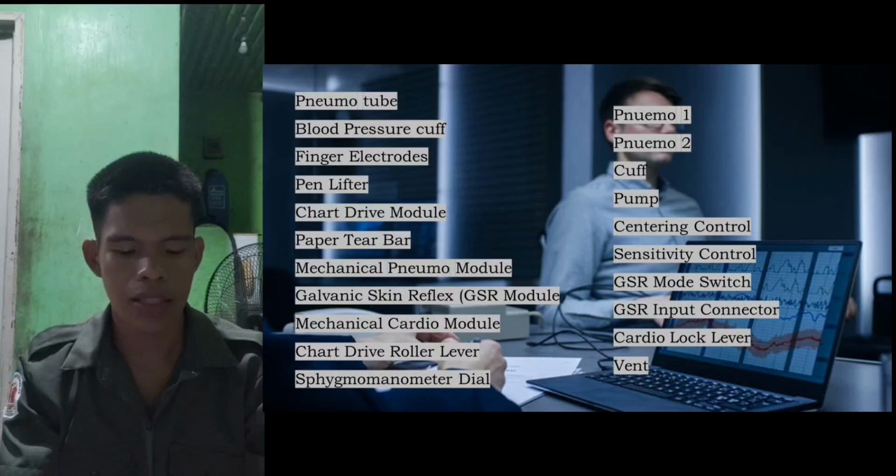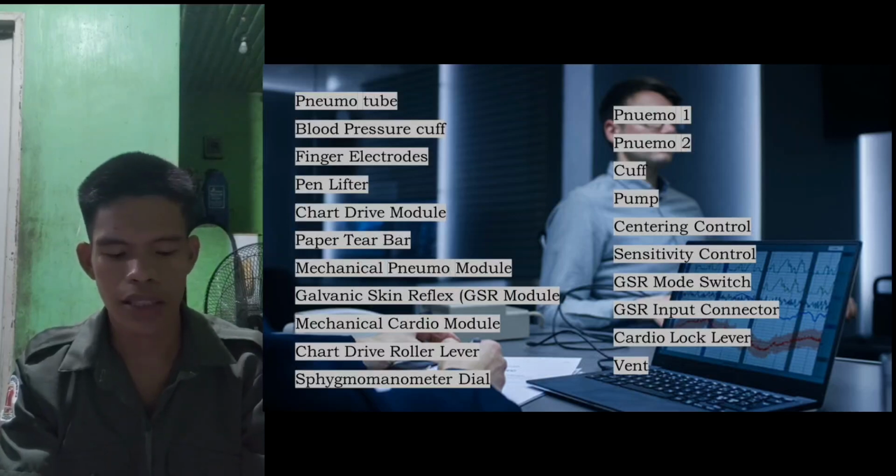Pneumo 1. Pneumatic connection for upper thoracic pneumograph. Pneumo 2. Pneumatic connection for lower abdominal pneumograph. Cuff connection for cardio channel subject cuff tubing. Pump connection for hand pump used to inflate subject cuff.